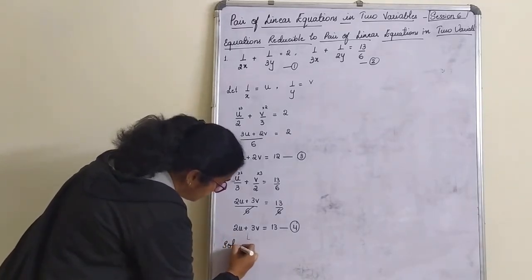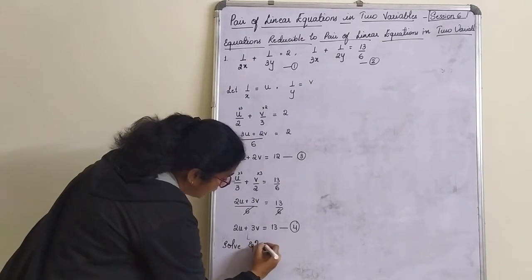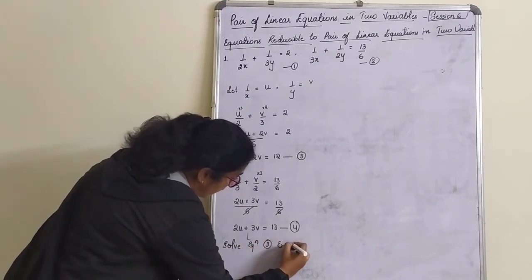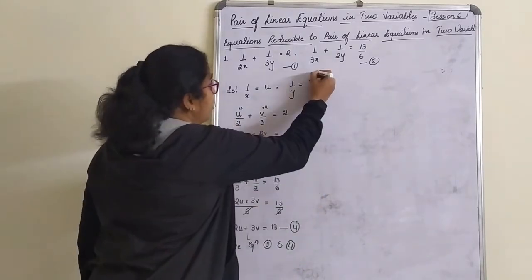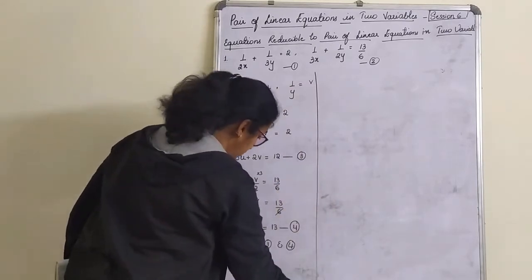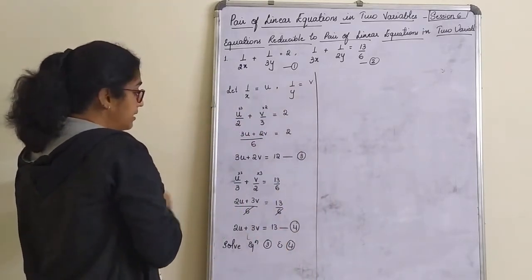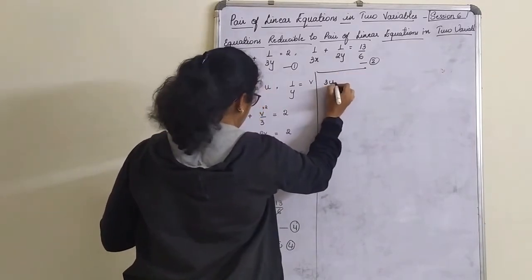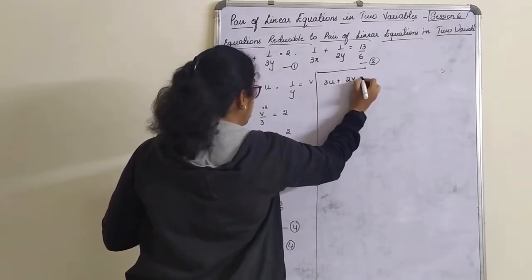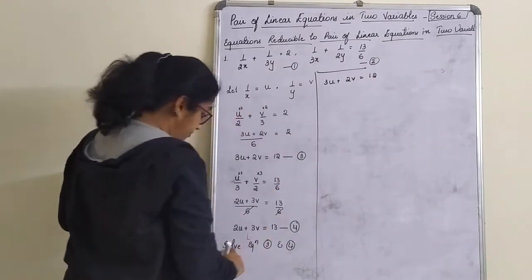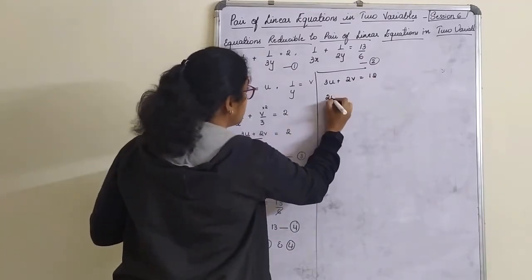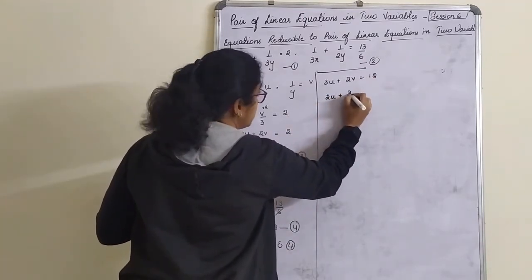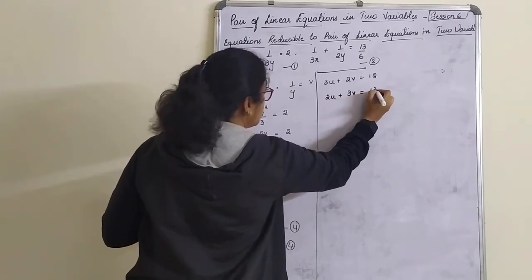Solve equations 3 and 4. How do we solve this now? Let us look at the terms given. 3u plus 2v is equal to 12 and 2u plus 3v is equal to 13.